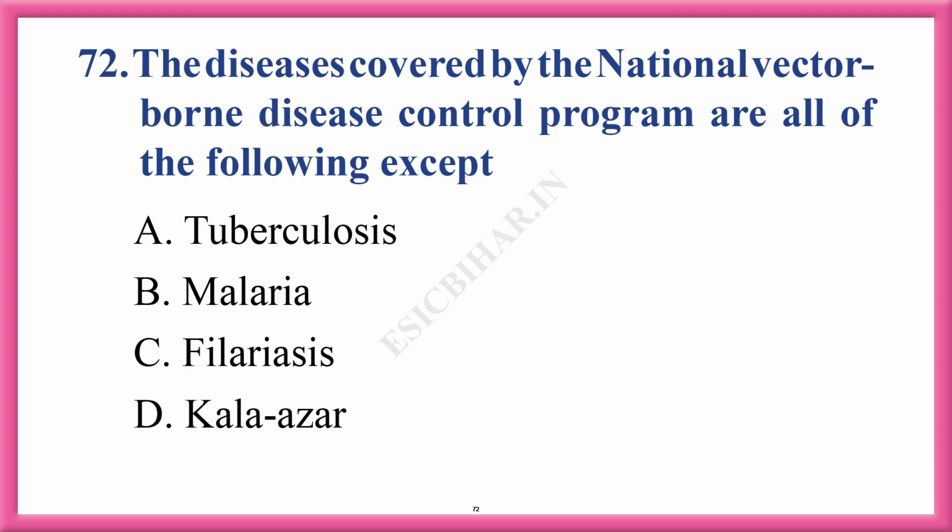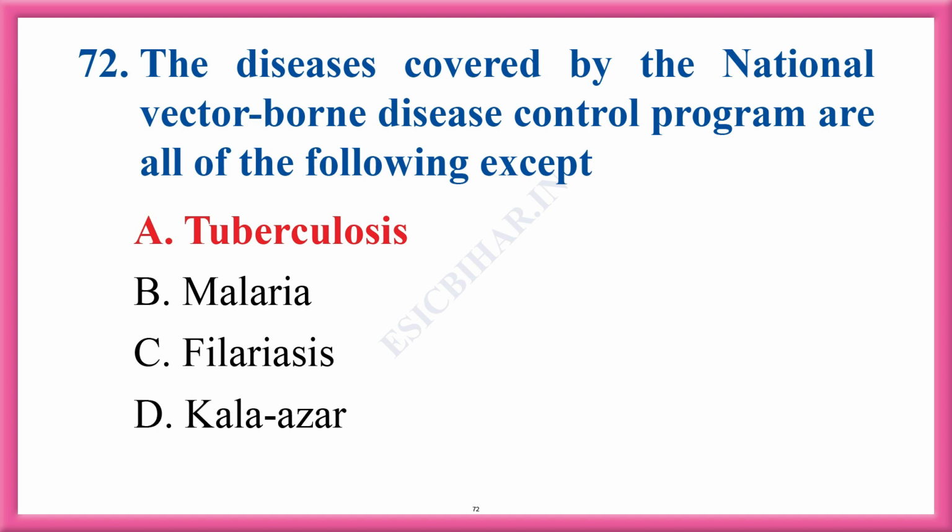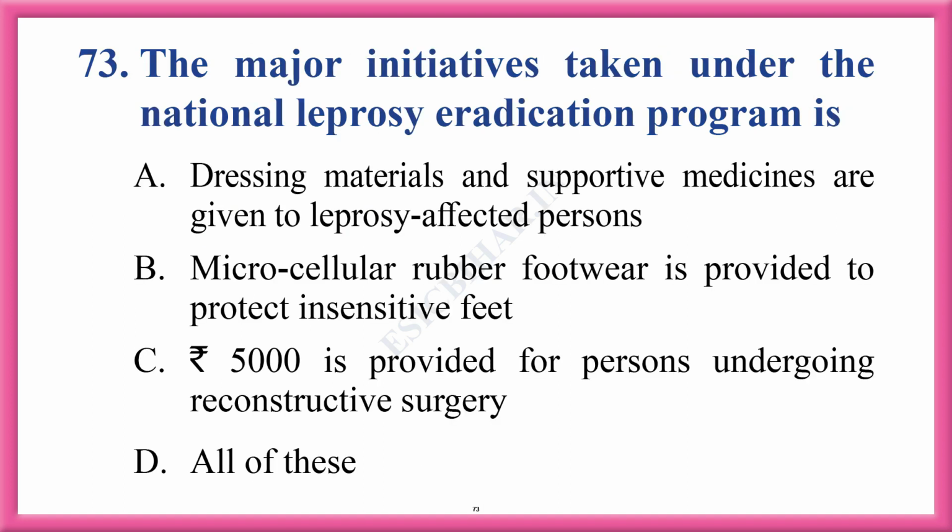Question 72. The diseases covered by the National Vector-Borne Disease Control Program are all of the following except A. Tuberculosis. B. Malaria. C. Filariasis. D. Kala Azar. And the answer is A. Tuberculosis. Question 73. The major initiatives taken under the National Leprosy Eradication Program are A. Dressing materials and supportive medicines are given to leprosy-affected persons.